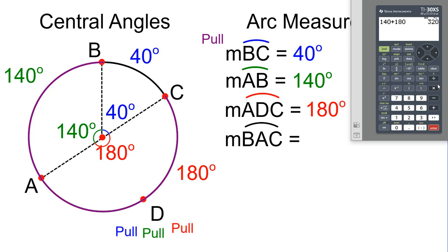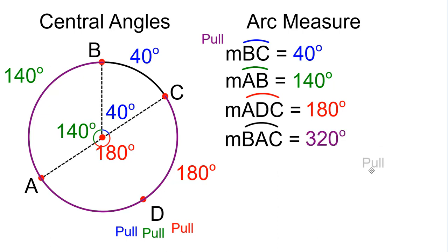Or the way that I like to do this, because it's basically the entire circle, the only part it's missing is the 40, is we can do 360 degrees minus 40. So we'll do 360 minus 40, which of course leaves us with 320. So multiple ways that we can do that, just showing that to you because it's kind of cool. So let me move the calculator out of the way. So that would be 320 degrees.